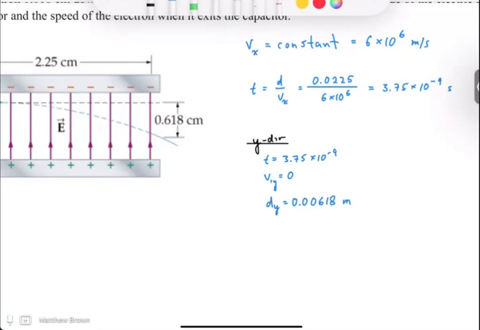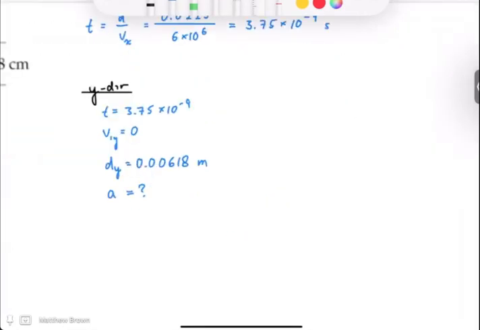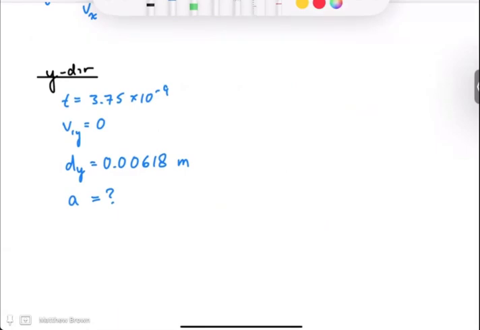So what would I want? The acceleration really is the thing I want. And that means the equation that I would want would be d equals v1t plus 1/2 a t squared. Put in those numbers. Well, this here is 0 because v1 is 0.